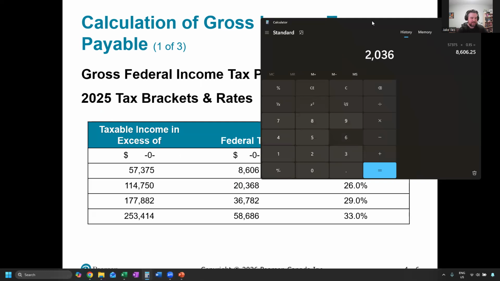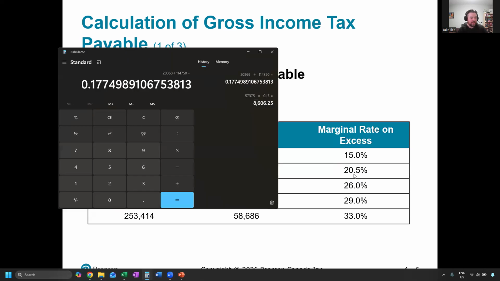Taxes of 20,368 divided by my total income of 114,750: although my marginal rate is now 26%, on average over all of my income, I'm only being charged 17.75%. These tax rates average themselves out through the brackets as we move through them.